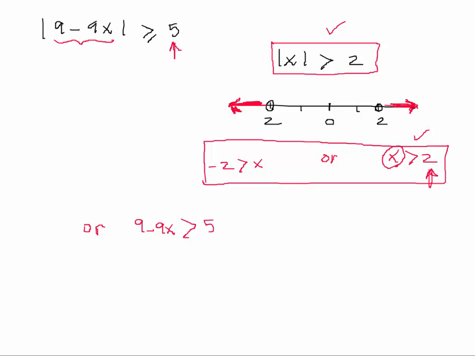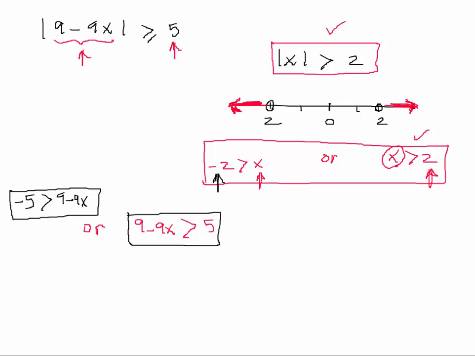Or, again, my x here is all this stuff here, 9 minus 9x less than, instead of minus 2, I have minus 5. So these two conditions would be the same as this inequality with absolute value.